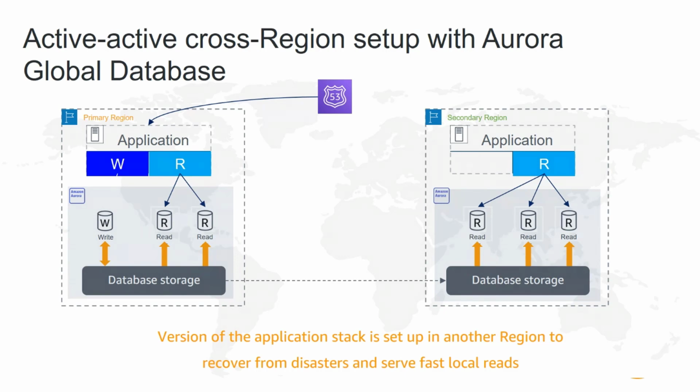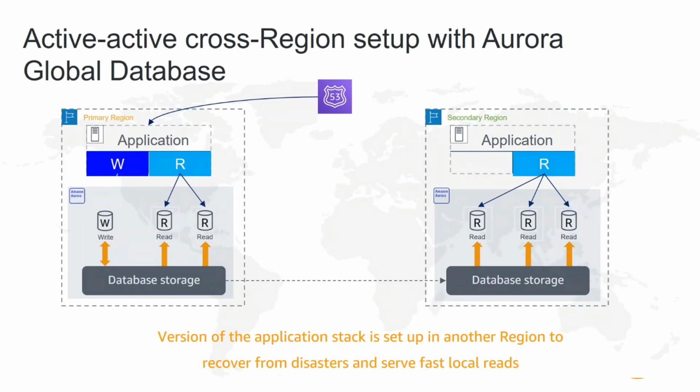What customers typically do is operate a pilot light mode in which they maintain a minimum set of resources in a secondary region, ready to come to life in the event of a disaster recovery. And the other factor is data locality, in which the customer might want to maintain a copy of the database in the secondary region that's close to some of the end users to provide lower latency.